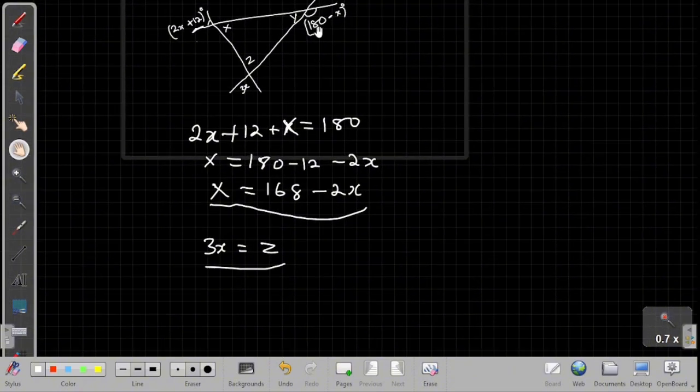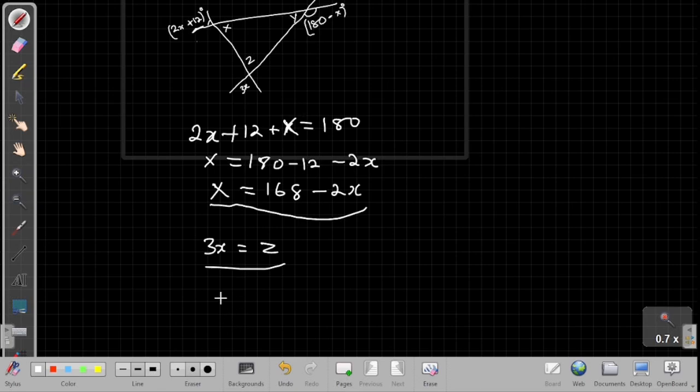Then we have another one here which says, now like I told you, there's a particular law that says angles on a straight line add up to 180, meaning that 180 minus x, when you add it to y, is going to give you 180. So assuming there is a value in this y, and this is not 180 minus x but a whole number with no variables, when you add both of them, it's going to be 180.